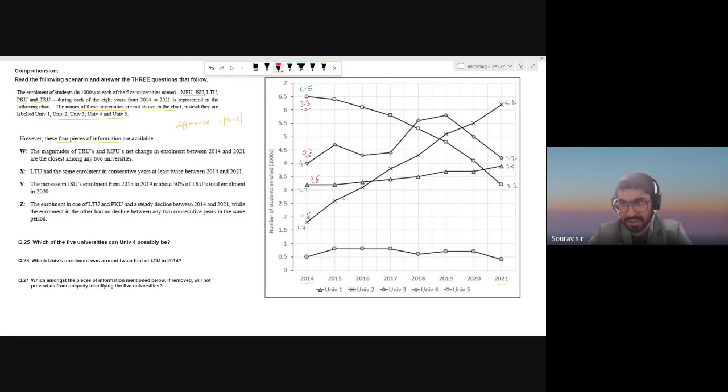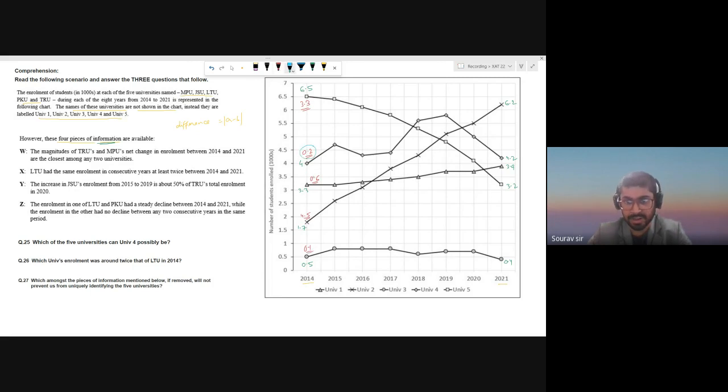Now these values are approximate readings. It's what I can eyeball and infer from the graph. Your readings may be a bit different, but since none of the information given talks about concrete values, we should be good to go. Now this starts from 0.5 and it ends at 0.4. So the net change is 0.1. So which ones are the closest?